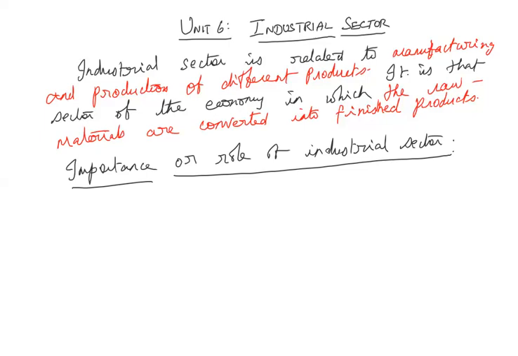Because there are certain advantages if a country depends on industries which are not available in the case of the agricultural sector. Basically, the industrial sector is always associated with a high rate of economic growth. It is the nature of the countries which depend on industrial sectors more than the agricultural sector. So their rate of economic growth will be rapid.